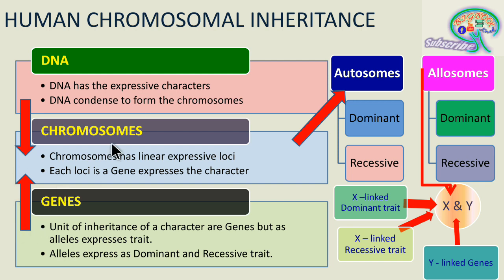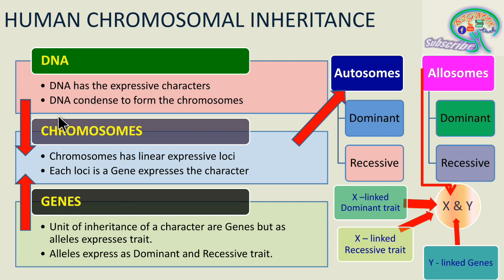The same DNA forms the unit of inheritance of character, which is called the gene. It is present in the form of alleles, the alternative forms of the gene, that is, the two forms of the gene, which express in the form of the trait. These alleles express as dominant and recessive traits.